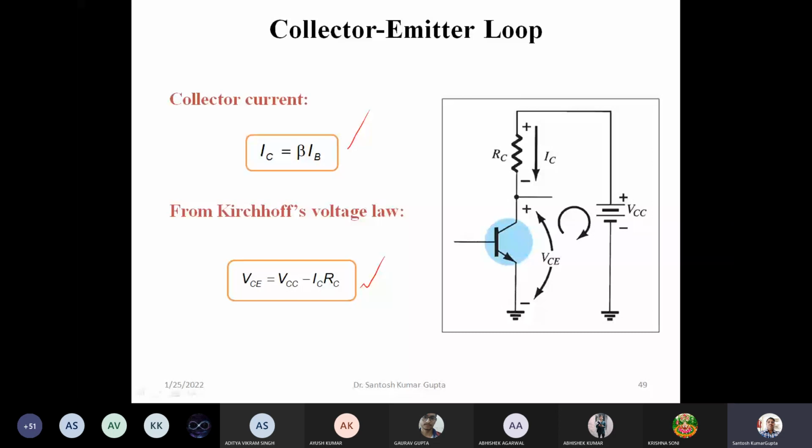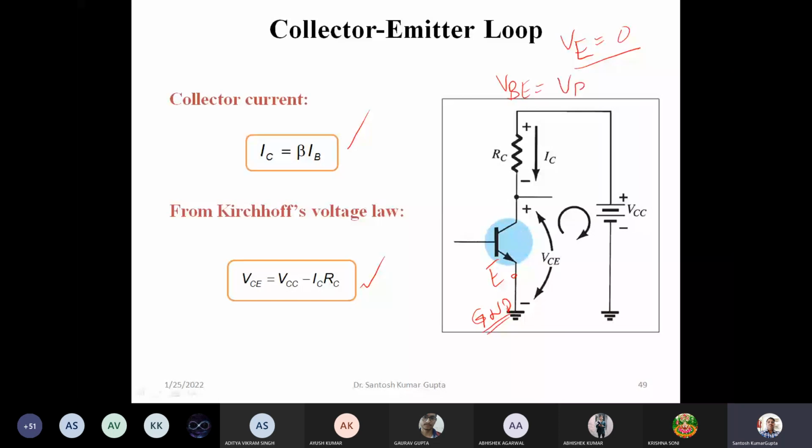Once VCE is known to us, in this particular circuit, we have already said that the emitter voltage is 0 because the emitter is connected with ground. So the emitter is connected with ground, that's why the voltage of the emitter is 0. Other node voltages we can write like this.